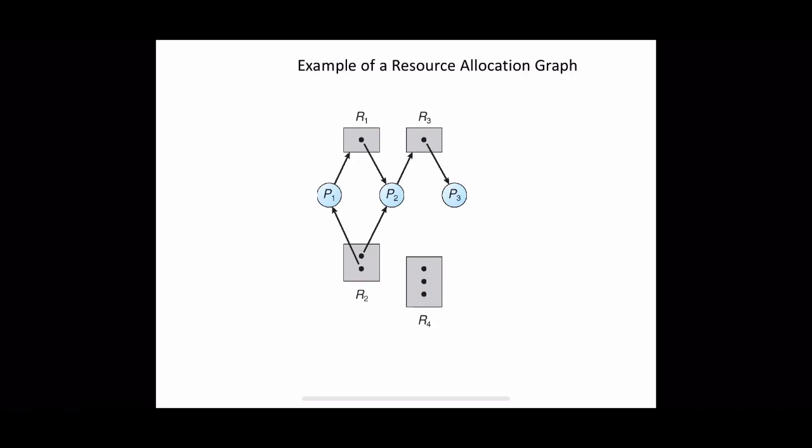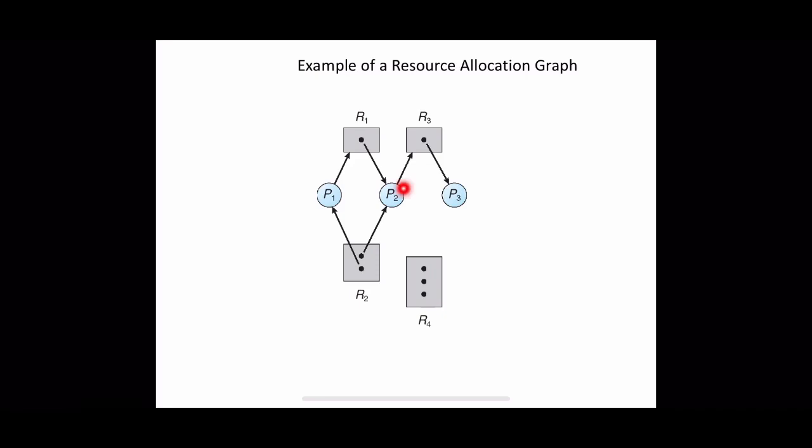In effect, the request edge will be deleted and then the assignment edge will be inserted. This is how the graph is constructed. If we analyze the process states of various processes here, P1, P2, P3, we can see that P1 requests a resource of resource type R1 and it currently holds an instance of resource type R2.